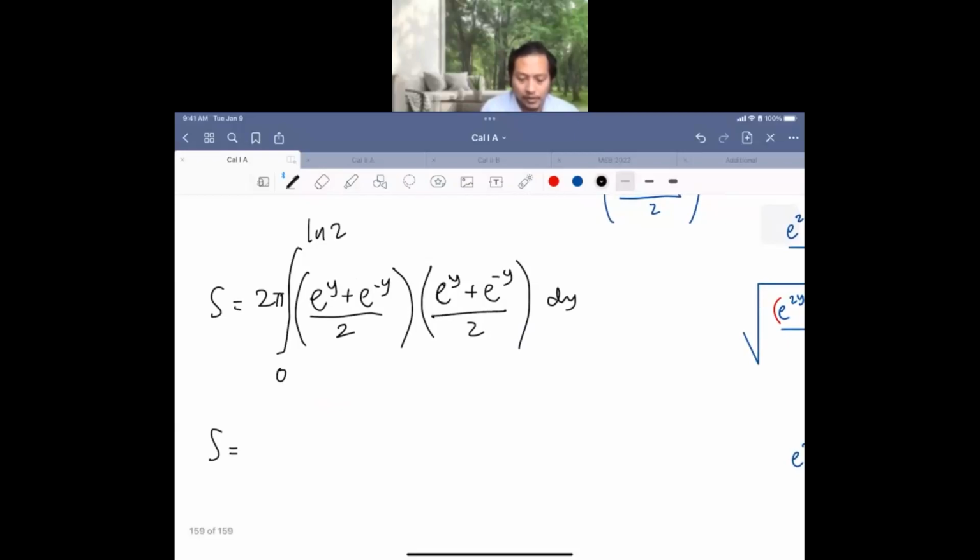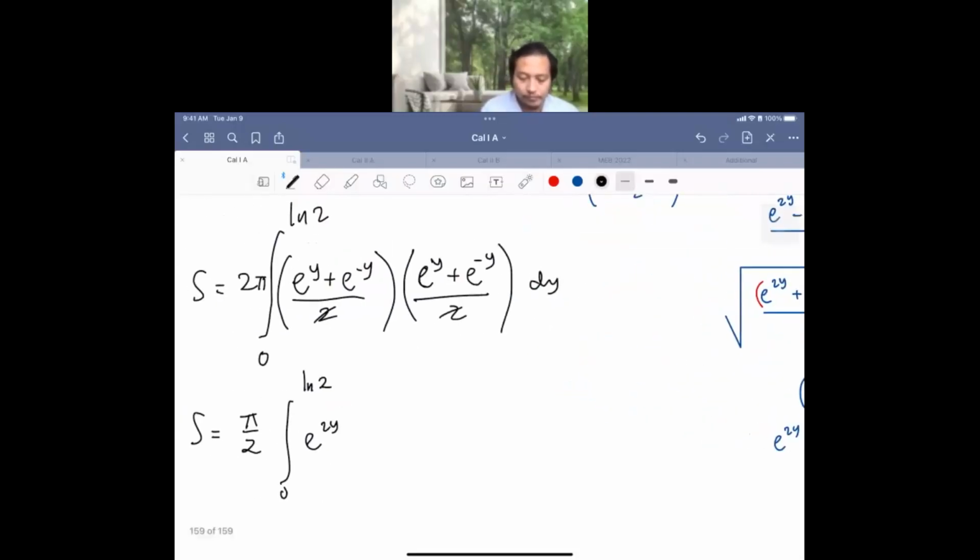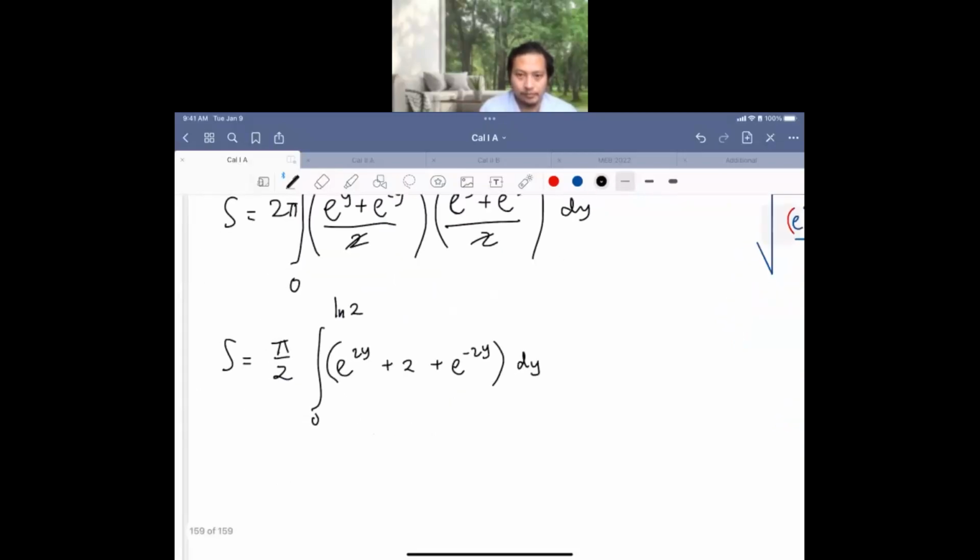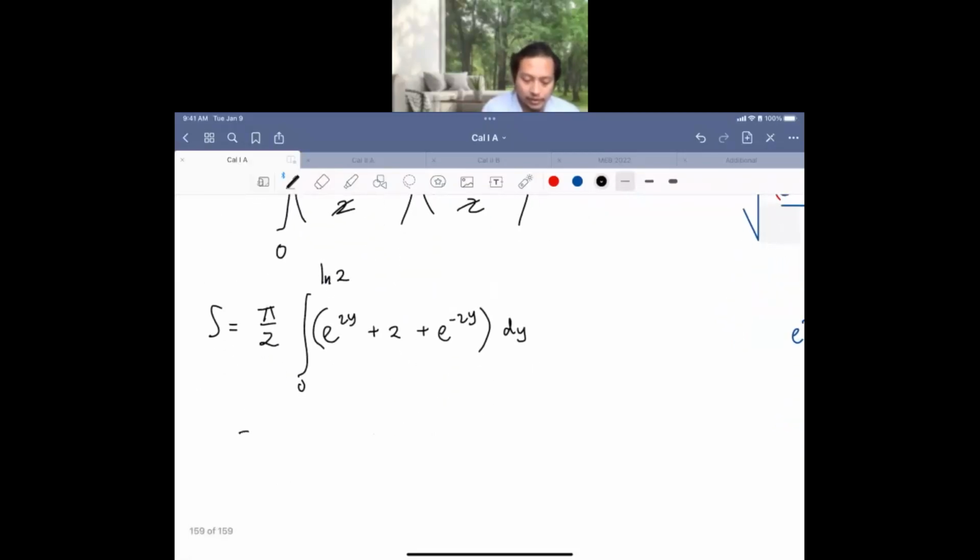We take the 4 out, and it becomes pi over 2, right? And then we take the squared expression as usual, like we have here: e^2y plus 2 plus e^negative 2y, and then dy. And then just integrate as usual: e^2y divided by 2 plus 2y minus e^negative 2y over 2, from 0 to ln 2.